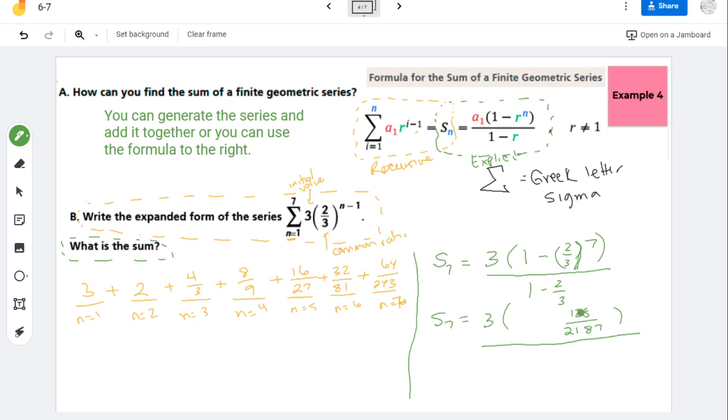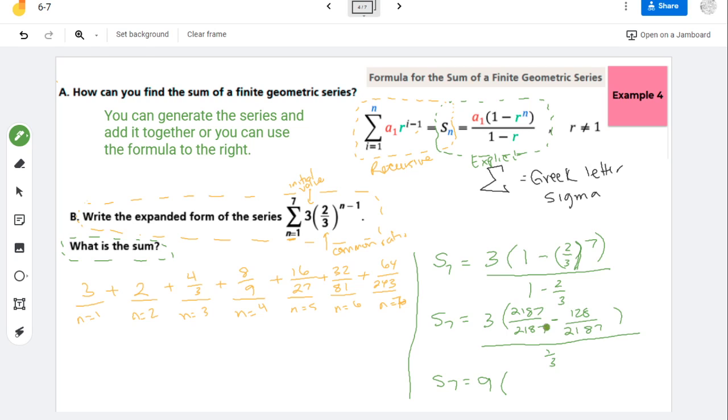Now, I know I'm subtracting that from 1, so I'm right away going to write my 1 to match that denominator. And downstairs, 1 minus 2/3 is 1/3. So now my next step, when I divide by 1/3, that's the same thing as multiplying by 3. So 3 times 3 is 9.